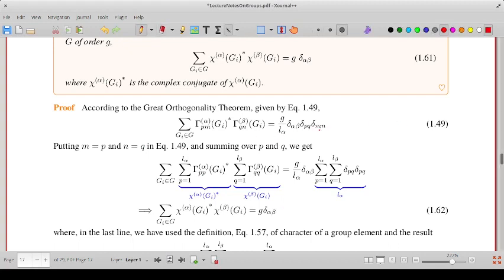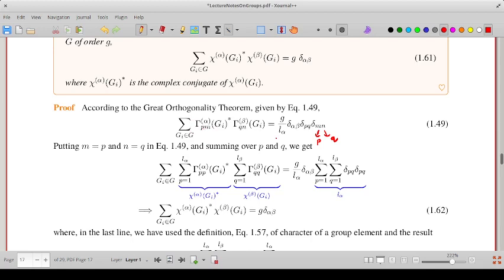So we put m equal to p and n equal to q, and similarly here m equal to p, n equal to q, so that this becomes gamma alpha pp and this will become gamma beta qq. So now I can take the sum over p and the sum over q, and these sums corresponding to these matrices will give the corresponding characters.